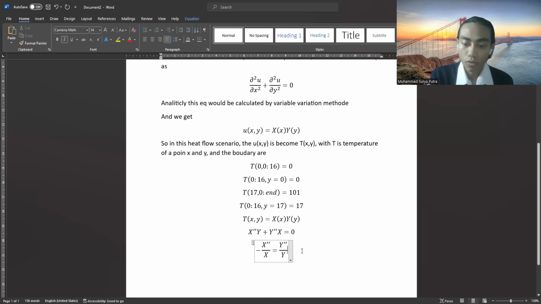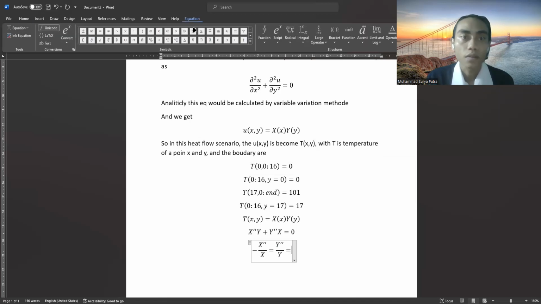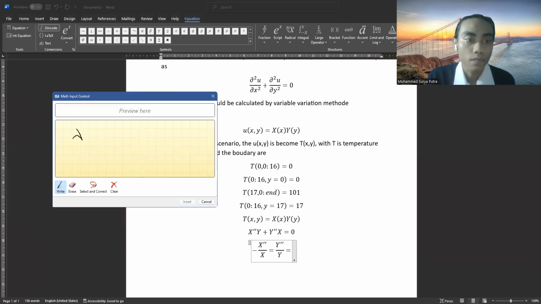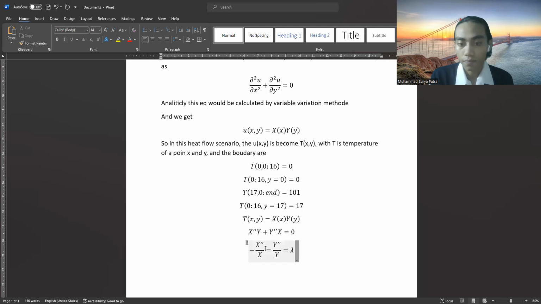is equal to what we call the lambda. Let's see the lambda first. Do I have it? No, I don't have it. Okay, this is the lambda. So we get the expression in this.